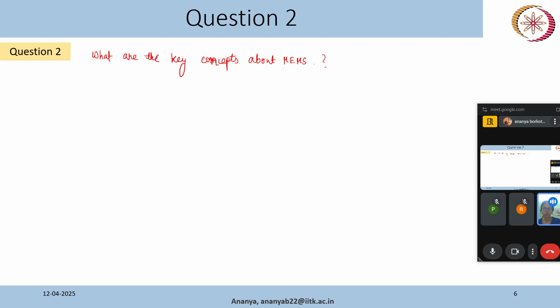This question summarizes whatever we discussed in these 4 weeks. I have already discussed it. If you don't remember it, I will write it down again.